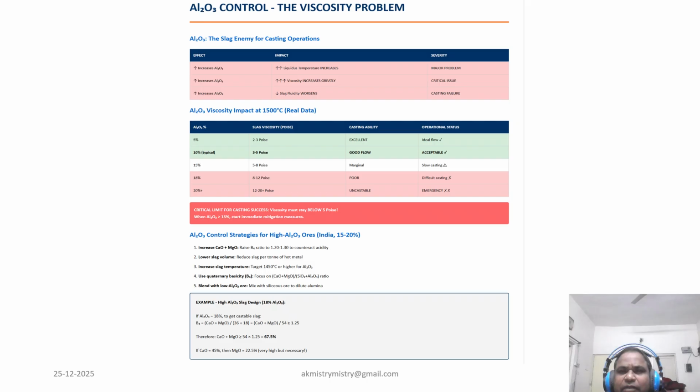Now, alumina is the enemy of casting. Above 15%, viscosity skyrockets. At 20%, slag becomes very difficult to cast, so keep viscosity below 5 pas.